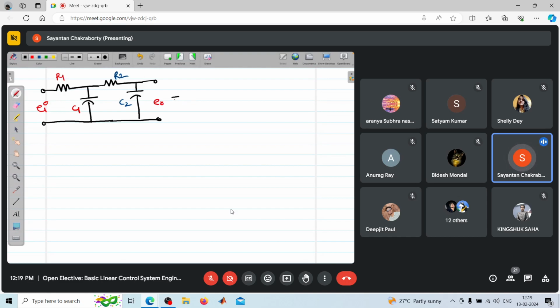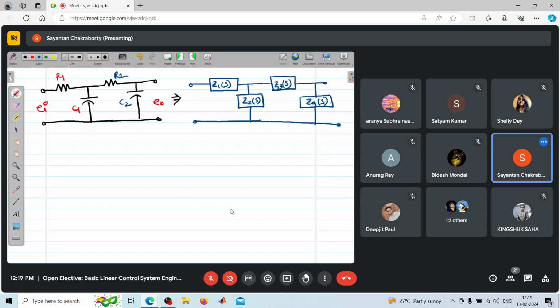Now this can be equivalently represented in the form of complex impedance as, right, where this is your Ei(s). Now I have to calculate E0 by Ei.